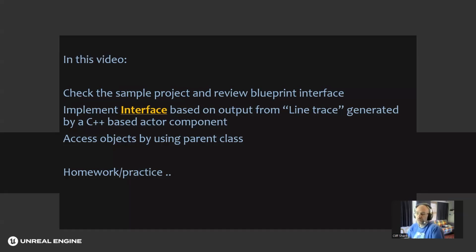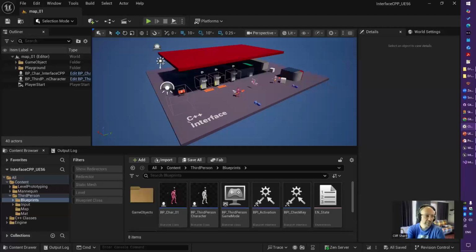This time, we use line trace in C++ and run interface by using C++. We will go through accessing objects by using parent class. At the end, there is a homework, a practice to make everything fine. Alrighty, so let's begin.